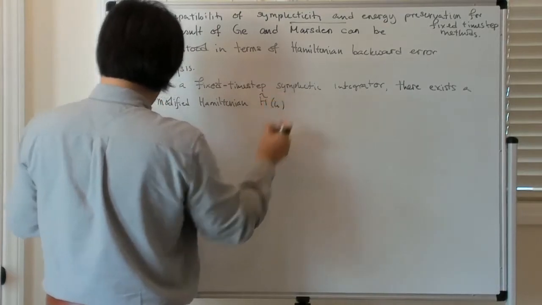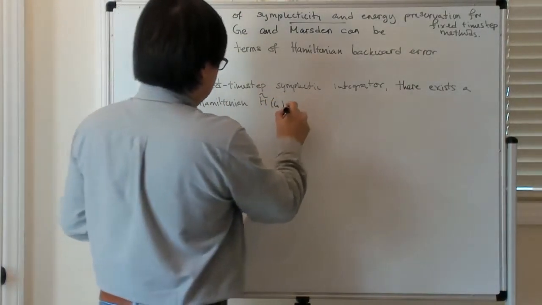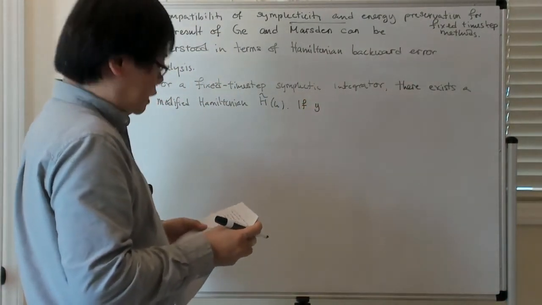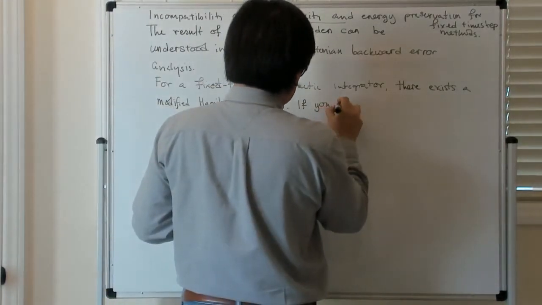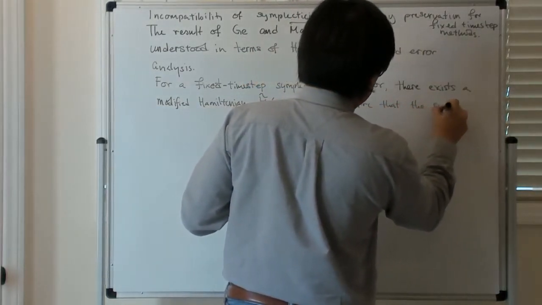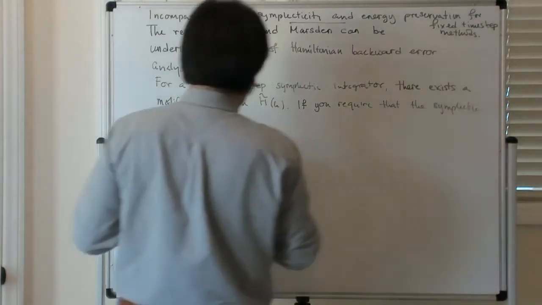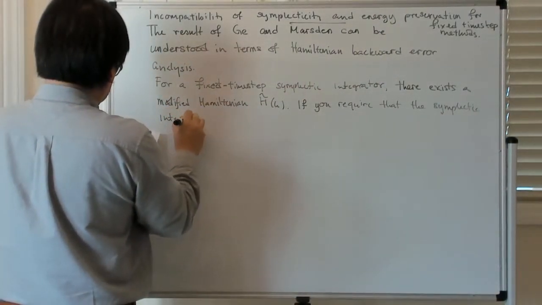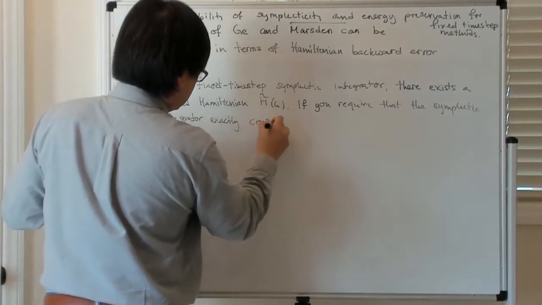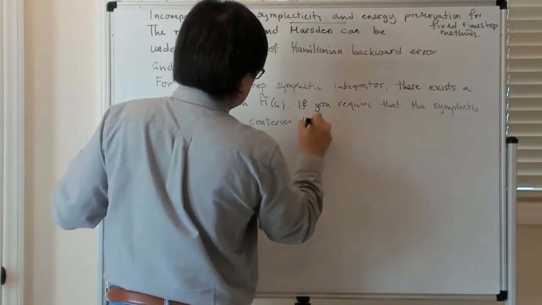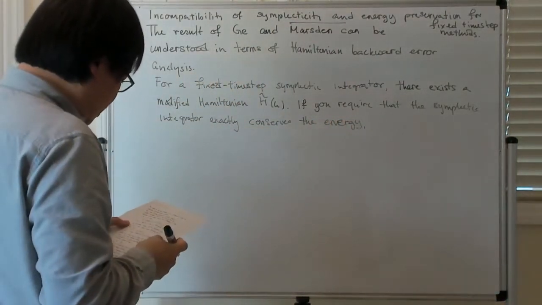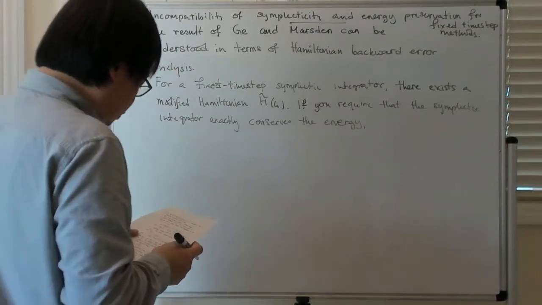H tilde of H. Okay. So if you require that this symplectic integrator exactly preserves the energy as well, then what you're basically saying is that the original Hamiltonian and the modified Hamiltonian Poisson commute, right?